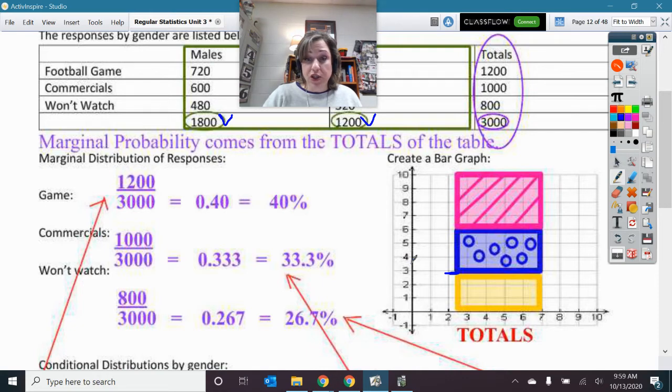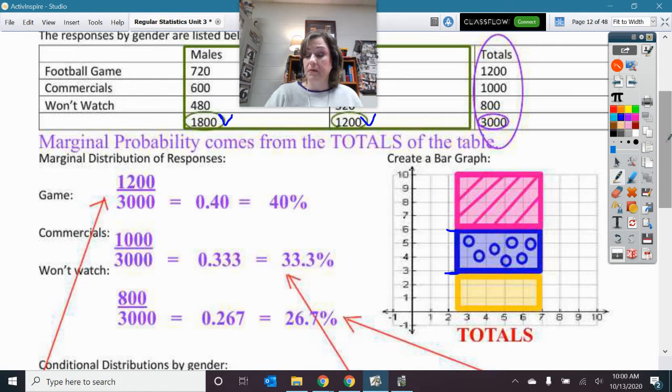I didn't just go to 33.3, I added 33.3 to the 26.7, and those two together are 60%. So that one goes up to the 60% mark because watching it for the game was the rest of this bar, the rest of the 40%, making it a total of 100% of my subjects represented here.